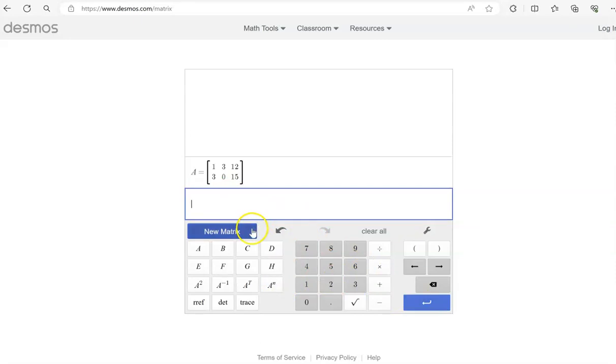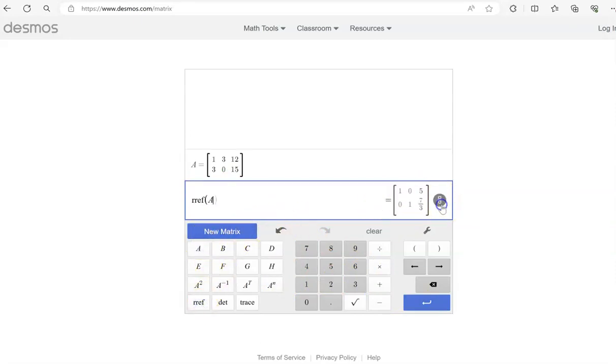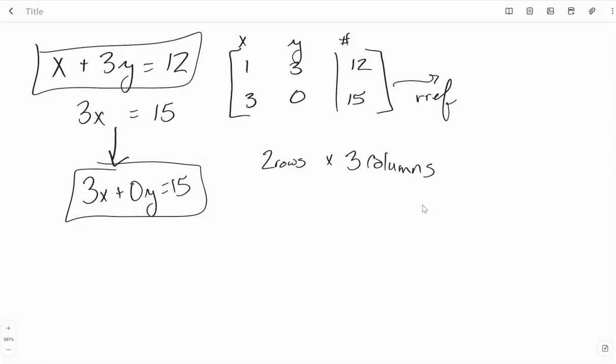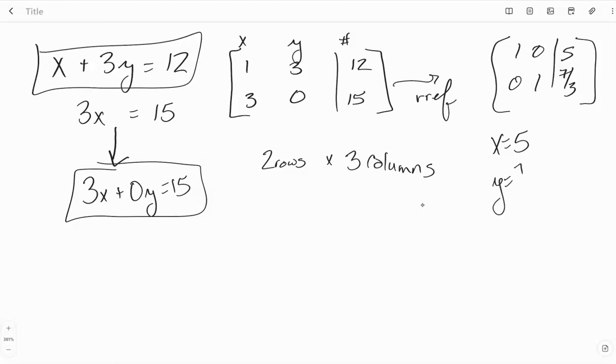So there's my matrix A. And do RREF of A. And I'm going to get 5, 7/3 for my answer. So we know x is equal to 5 and y is equal to 7/3.